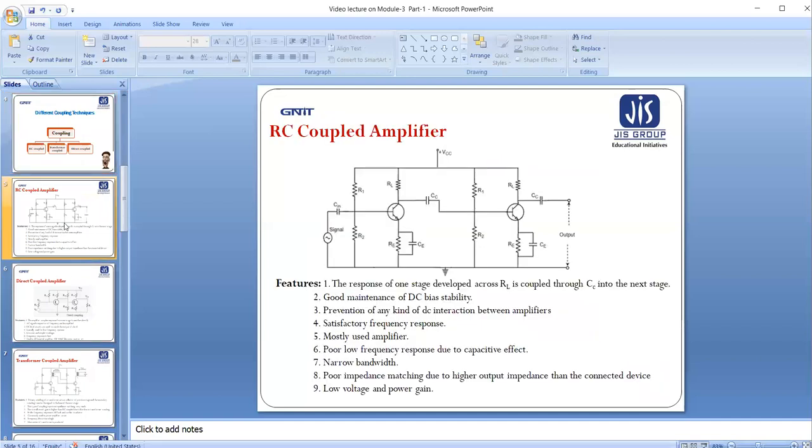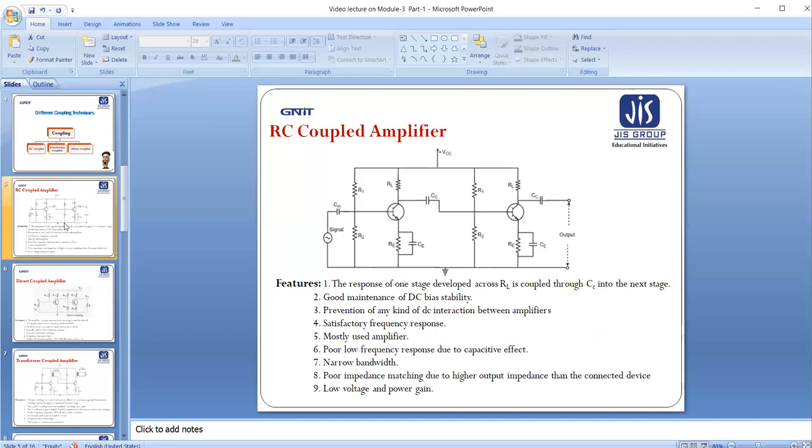First one is RC coupled. If we look into the circuit delicately, we will see that the signal is connected with the first amplifier in a voltage divider biasing mode.